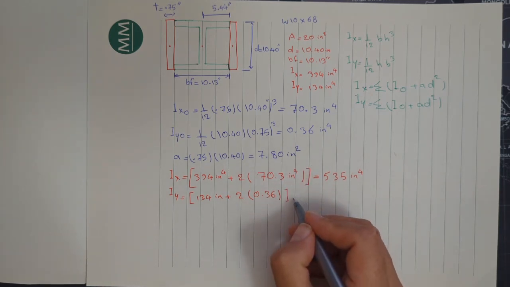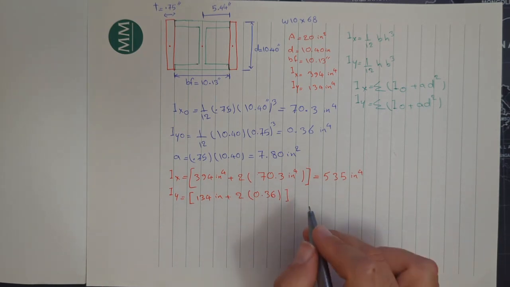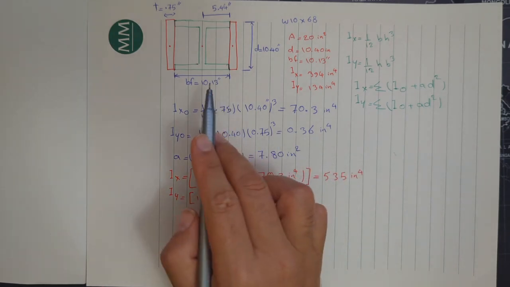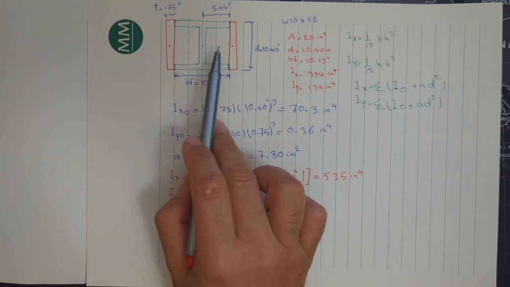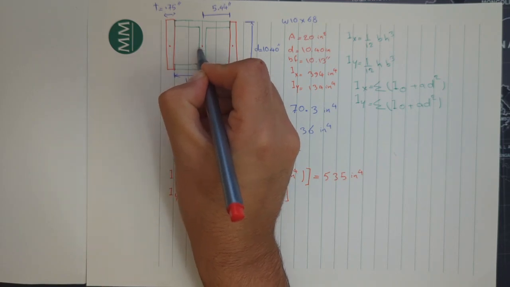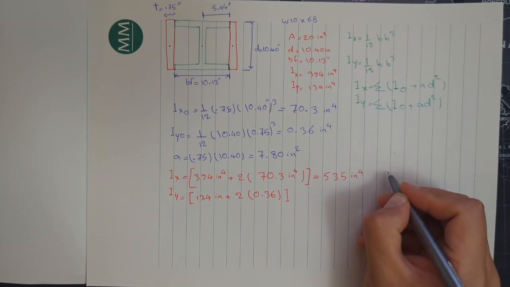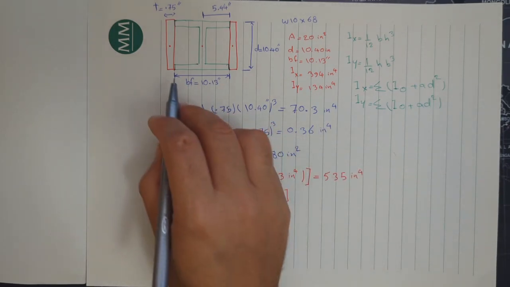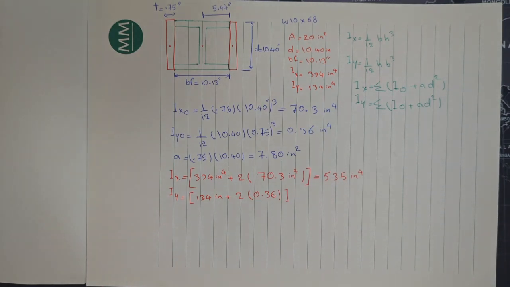Now, AD², we need to calculate the D, right? So the D for this distance, the distance between the centroid of this part to this part, all right? So, as your book indicated, this is 75, right? So, let me write it down with a different color.